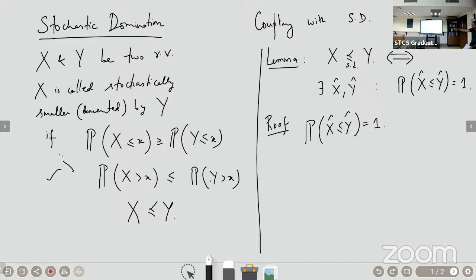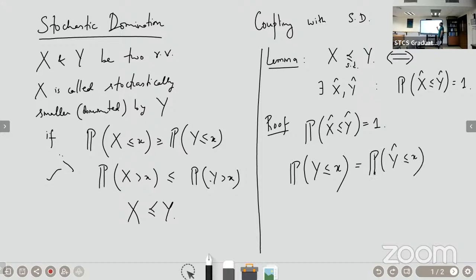So let's start with one of the sides. This is the clear cut clue on how to proceed. Let's begin with this side. I want to show that this is less than or equal to. This is equal to what in terms of coupling? The probability of y hat being less than or equal to x, just because y hat has the same distribution as y. So P of y hat less than or equal to x.